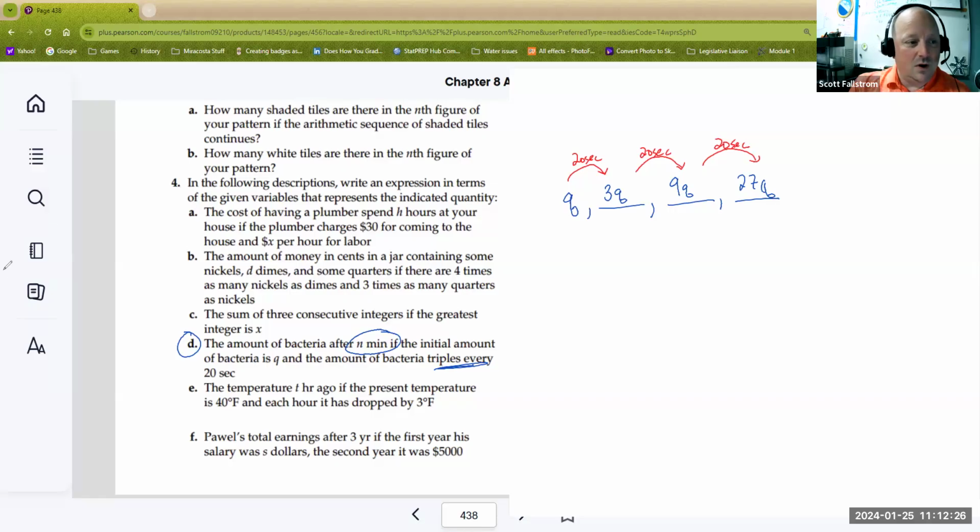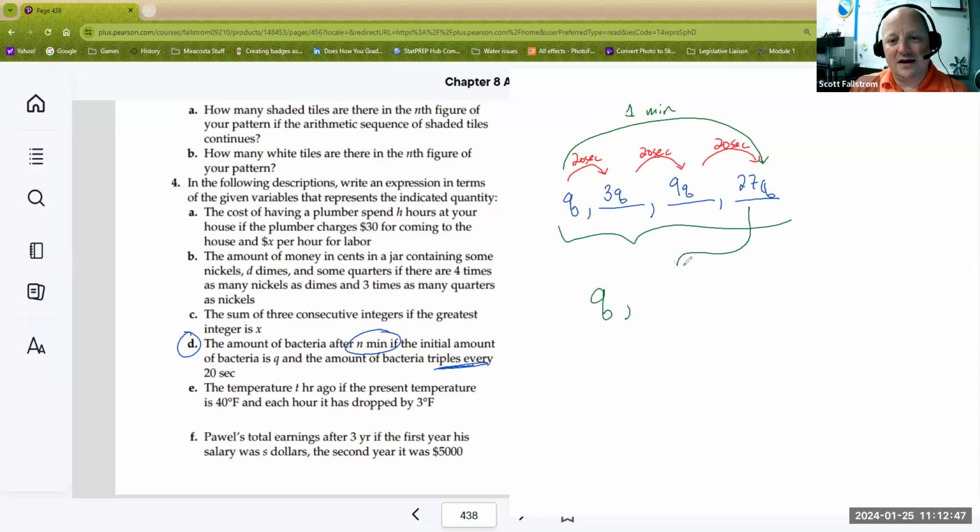That's why when you pause for a moment and say, wait a minute, 20 seconds, 20 seconds, 20 seconds, that gives me 60 seconds, which is 1 minute. So if I condense this down to my new 1-minute piece, I would start with Q, then I wait 1 minute and I'd have 27 times that amount.